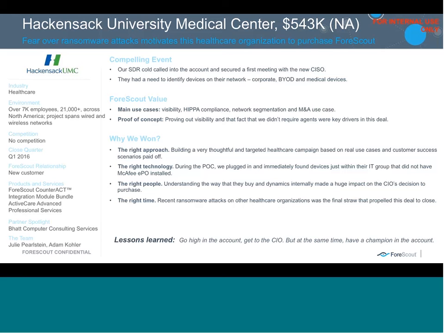So the lesson learned here was get to the CIO. They need to understand the value prop of the product, but it's good to have a champion in the account. If you've got somebody from the network or security team that believes in the product and understands the value here, having them at your side when you're talking with the CIO is going to help a great deal.